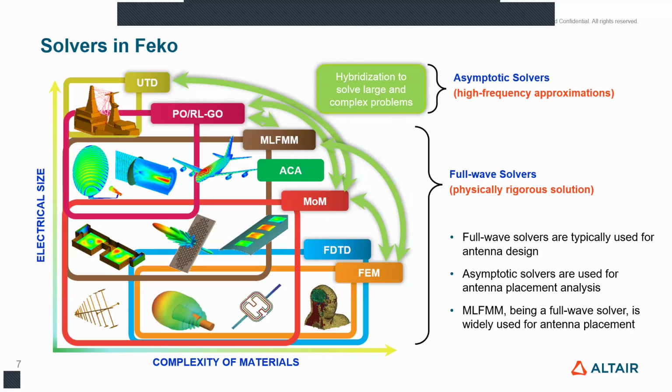So the full wave solvers are typically recommended for antenna design. So method of moments or finite elements or finite difference time domain, or even MLFMM, depending on the electrical size. But when you're doing antenna placement analysis, depending on the size of the platform, you can use either the full wave solvers or the asymptotic solvers, meaning the top ones, physical optics, RL-GO, or UTD.